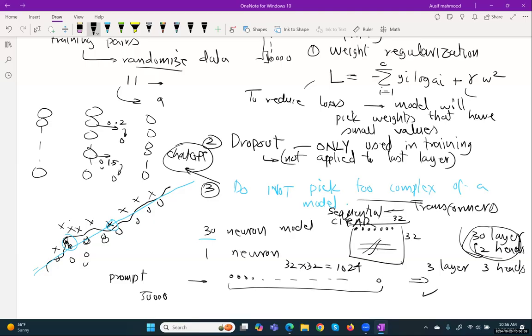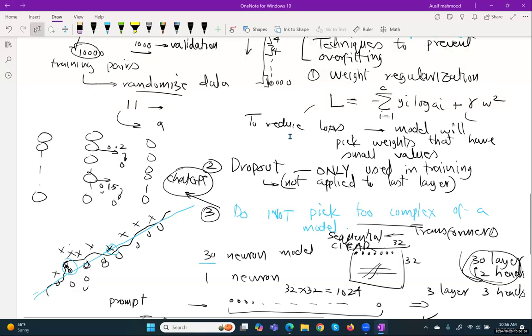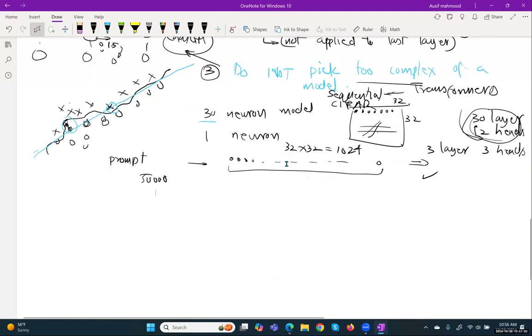It is not 50 trillion data like we have in ChatGPT. So in short, these are the 3 techniques: picking a model which is just right, not too small, not too large. Too large a model will overfit. Okay, so those were the techniques.